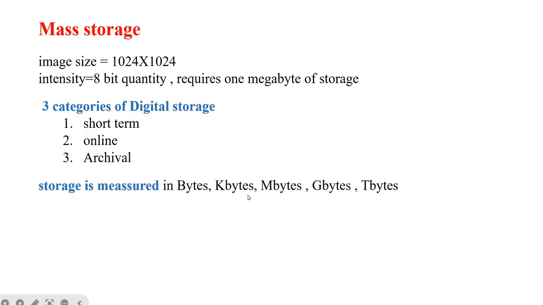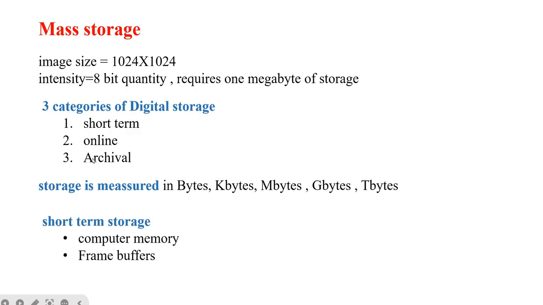So storage is measured in bytes, kilobytes, megabytes, gigabytes, and terabytes. One method of providing the short-term storage is the computer memory, and also you can provide short-term storage in terms of frame buffers.